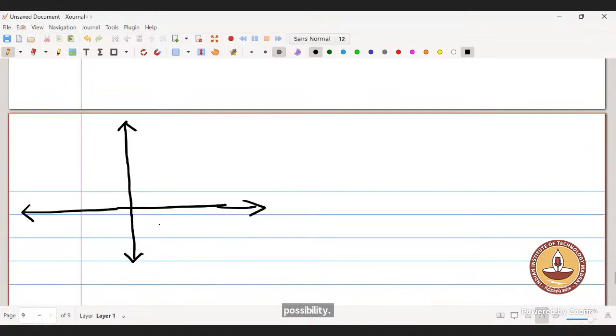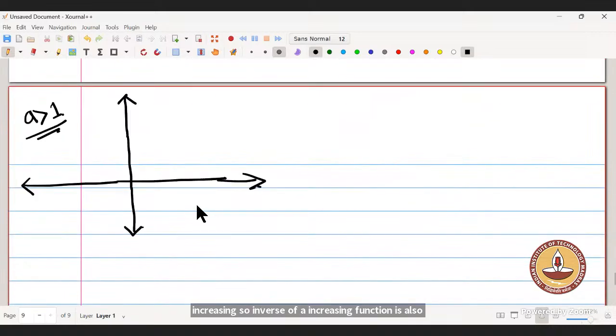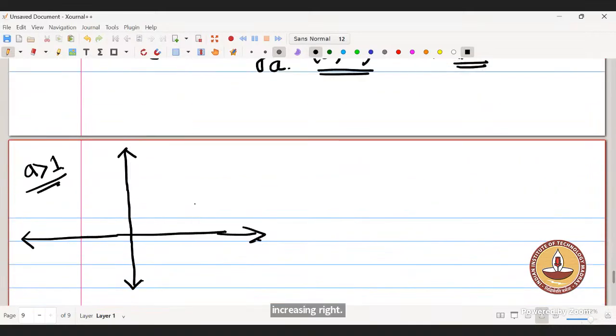If a is greater than 1, here the function f of x equal to a power x is increasing, right? So the inverse of an increasing function is also increasing. In that case, what will you get? If you try to draw the inverse of a function, the graph is basically symmetric about the line y equal to x, right?